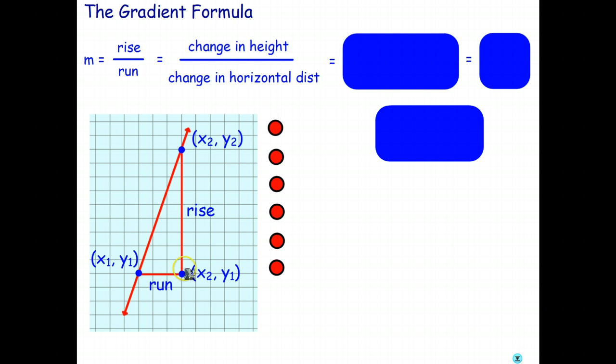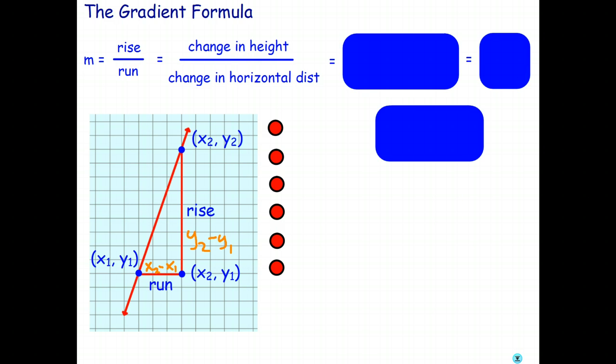So rise over run, where rise is the change in height, is just the difference in the y coordinates, because height is measured by y. This y coordinate is y2, this one is y1, and the difference is y2 take y1. The change in the horizontal distance is the length of that line segment, which is the difference in the x coordinates: x2 take x1.